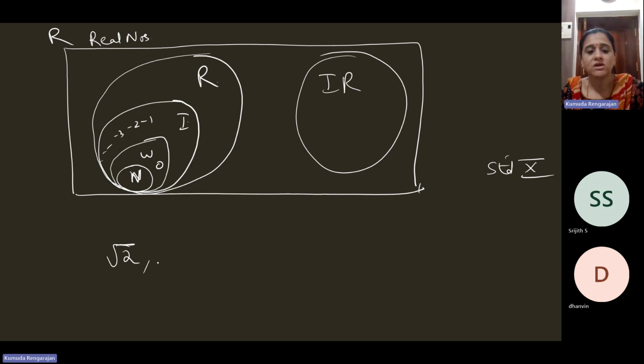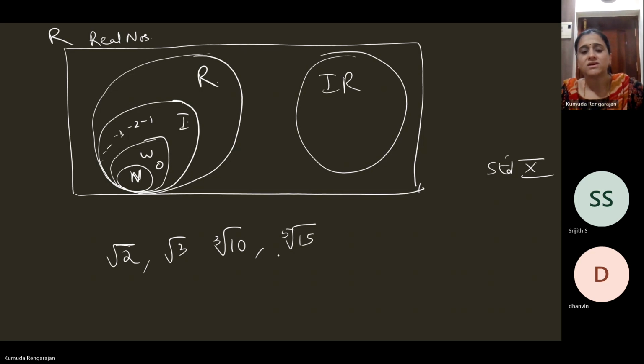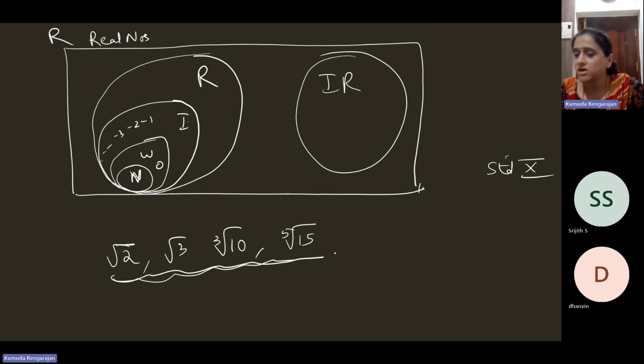But now just to mention: square root of 2, square root of 3, cube root of 10, fifth root of 15. The values of these numbers are non-terminating, non-repeating decimals. So they are called irrational numbers. Fifth root of 15 means a number that when multiplied with itself 5 times will produce 15.